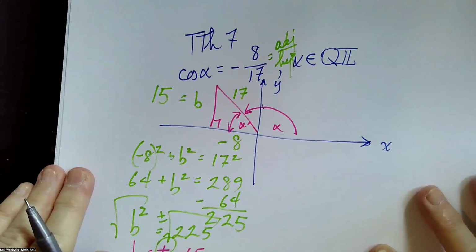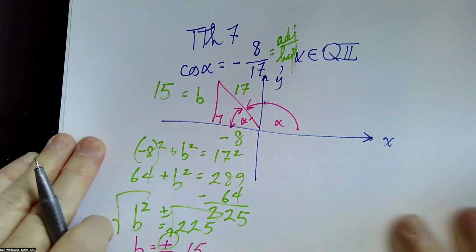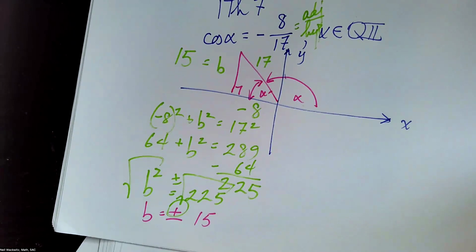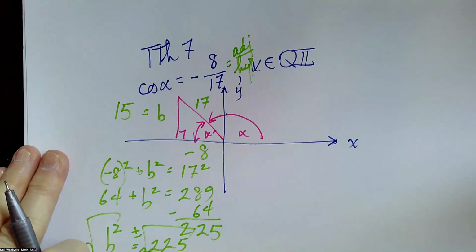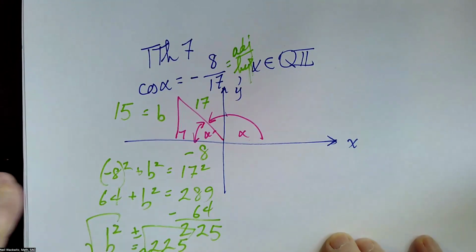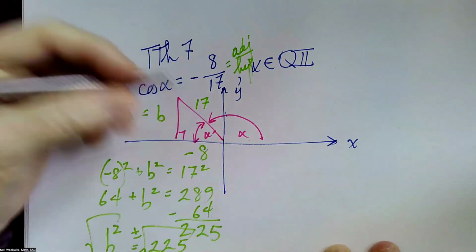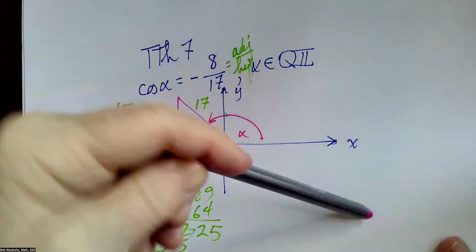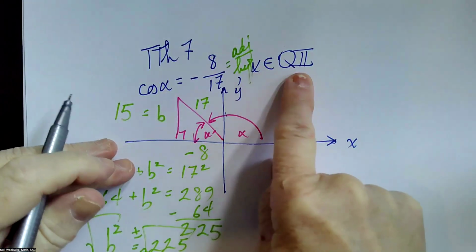That means that we can write any of the trig functions for alpha. We want to find the half angles. So let's see, because we need to know the sign, positive or negative, for alpha over 2. We know that alpha is in quadrant 2.